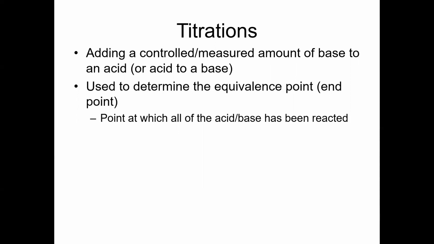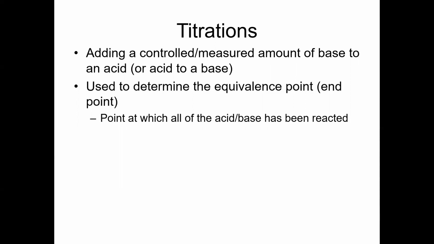Now, what you're doing is you're trying to reach an equivalence point. What that is, it's a point where you have reached neutrality. So all the acid and the base has reacted with each other, and you have reached a point that is neutral. So it's called the equivalence point or the end point.